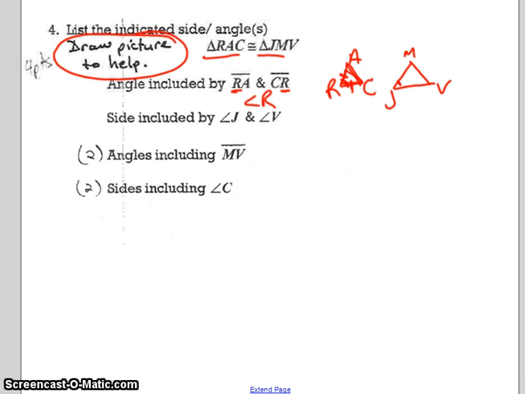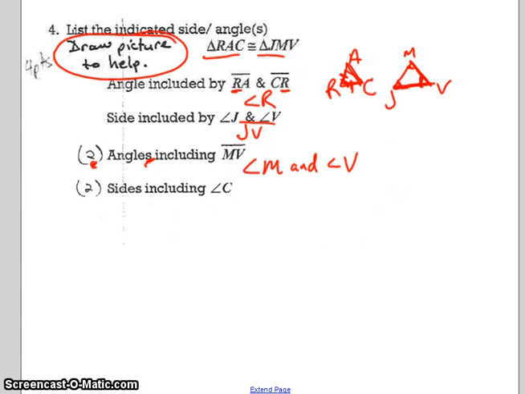So here's angle J, here's angle V. What side's included? JV. What angles are included by MV? So here's MV. Angle M and angle V. And I give you a little hint, there's got to be two.